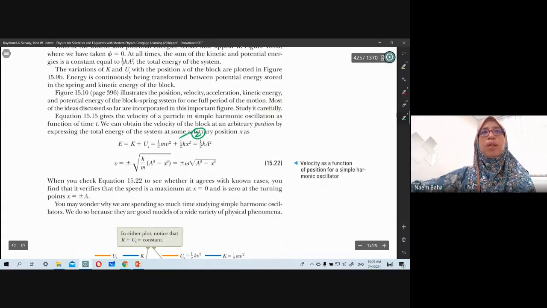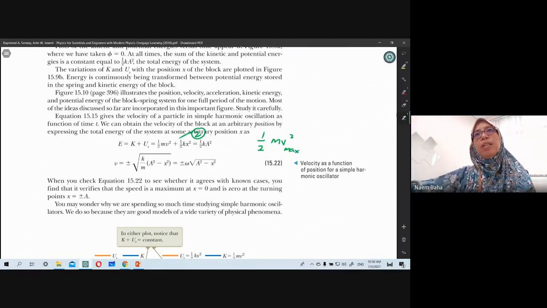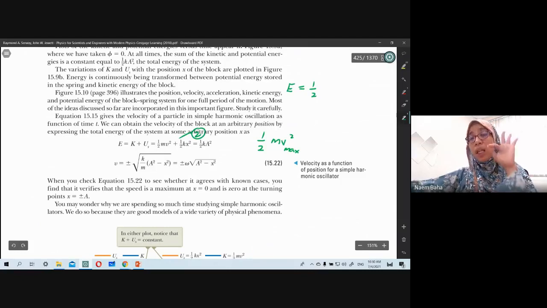And there was another. Remember this expression, half mv squared, kinetic energy? Only that. So when you jot down the energy form, you will find that the energy can be calculated by 3 means, 3 techniques.